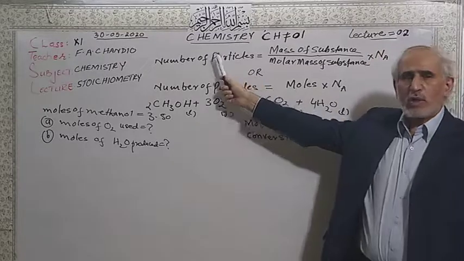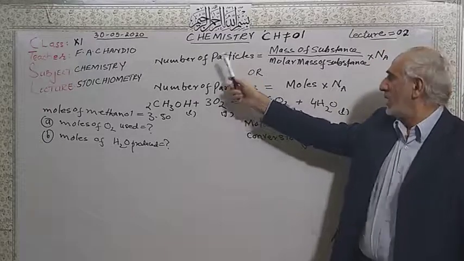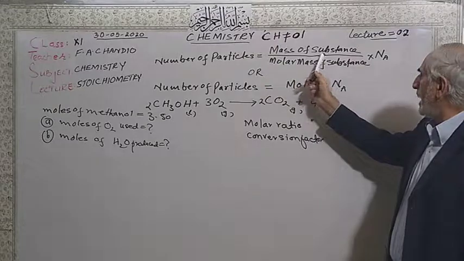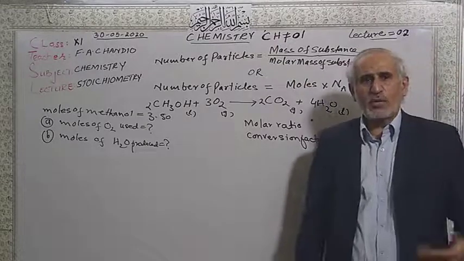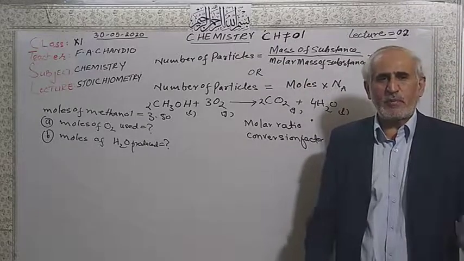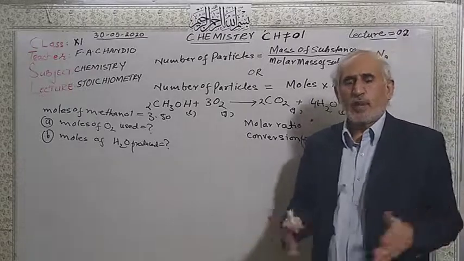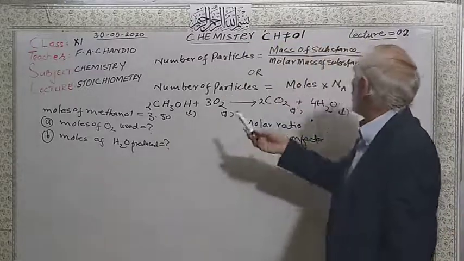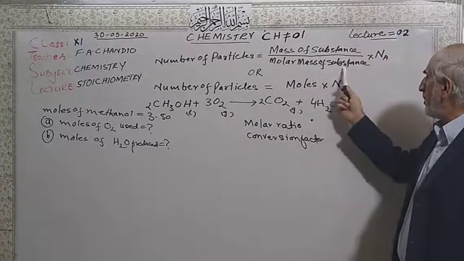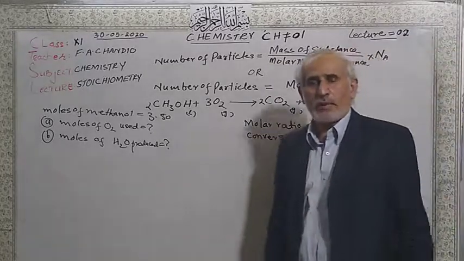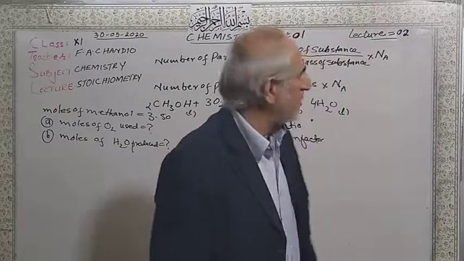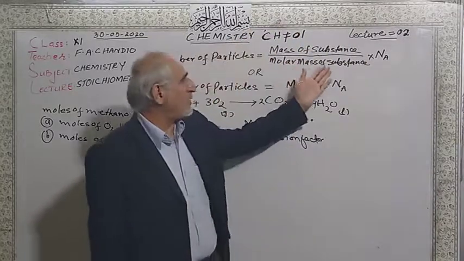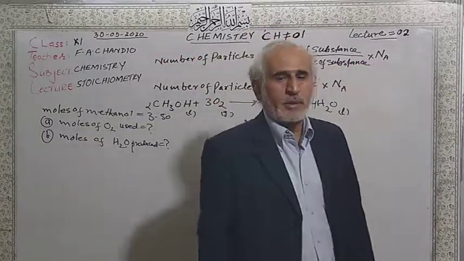So when we calculate number of particles, the mass of substance, 2 gram, 3 gram, 4 gram, 5 gram of any ions, molecules, formula units, etc., divided by molar mass, which we calculate from the atomic masses, ionic masses, molar masses, multiplied by Avogadro's number.